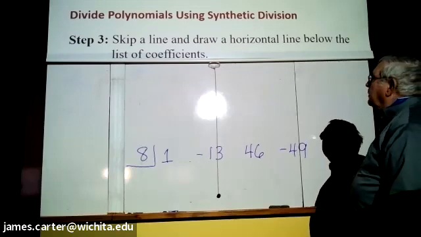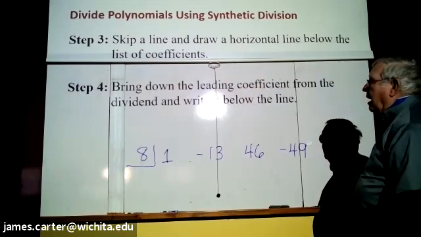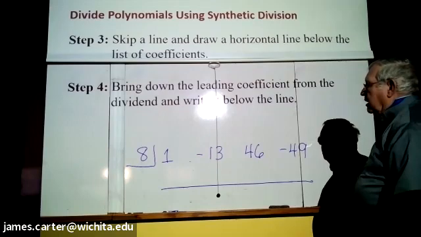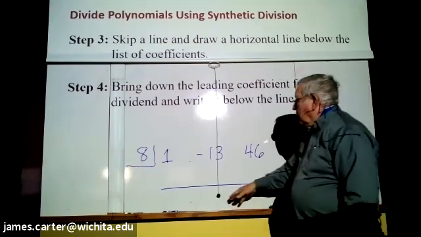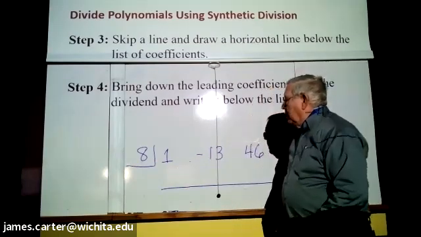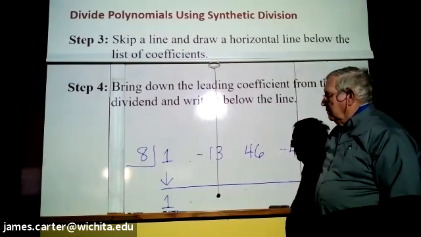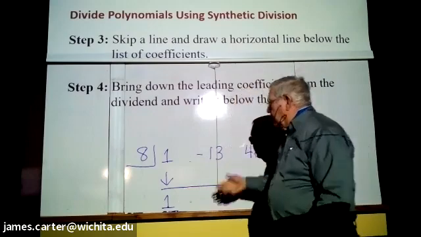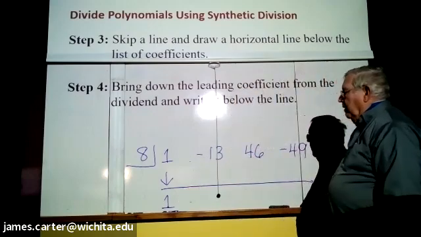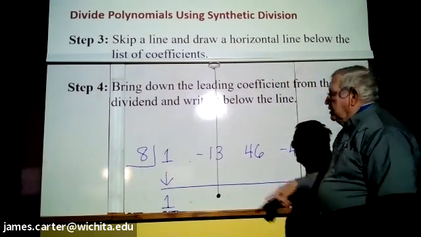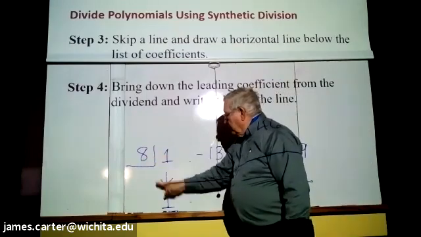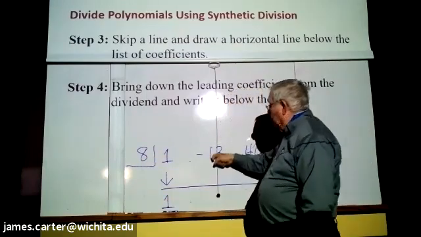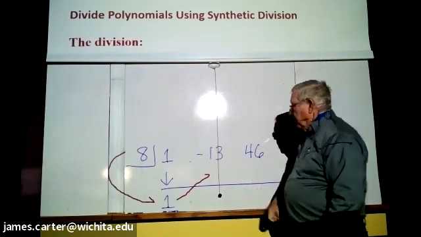We're going to skip a line and draw a horizontal line, and then we're going to bring down the leading term. So we're just going to bring down that 1, whatever it is. If that's a 3, then we bring down the 3. Our next step, we take this divisor times the 1 to get our number to go here.